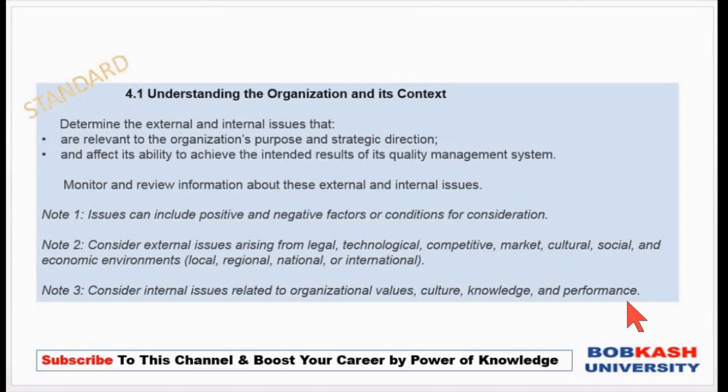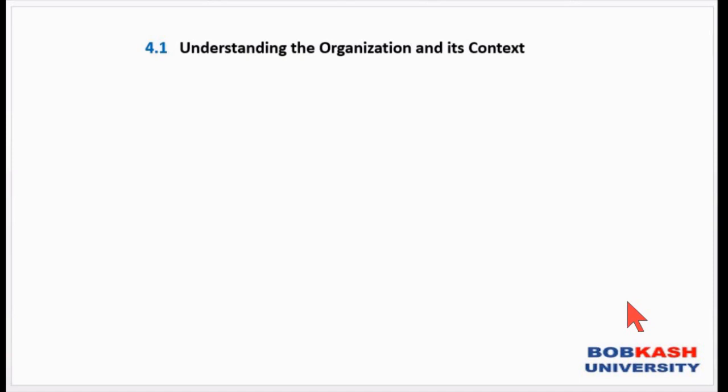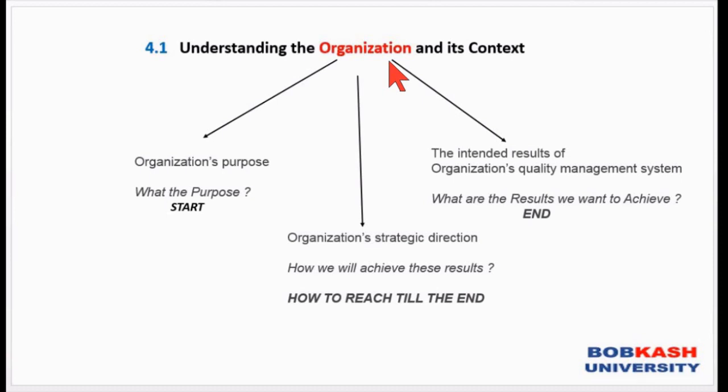So understanding the organization and its context, I told you we have to really understand only two things, organization and its context. So let us understand the organization, because this is all about 4.1. Organization and context is nothing but 4.1. So what is organization?